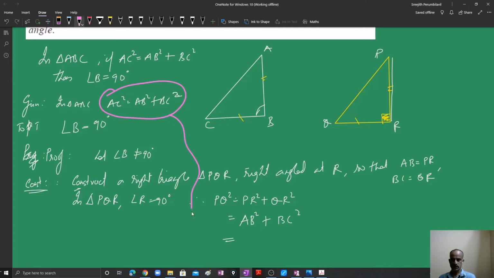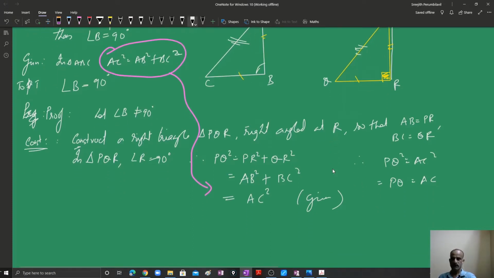So I am going to substitute that here. What happens? This will become AB square, by reason of the given. Therefore, PQ square is equal to AC square. That means PQ is equal to AC. Not only are these two sides equal, automatically the third side will also be equal.